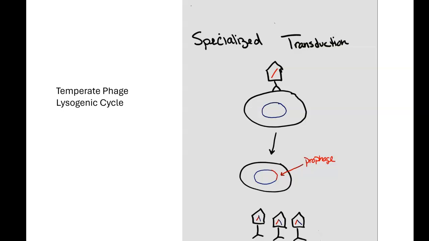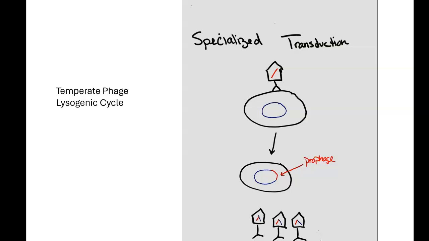That bacteriophage DNA is now going to become incorporated in the bacterial genome, and it's going to exist as a prophage. This bacteria has no idea that that DNA has been incorporated. It's going to go about its business, and we're going to go through many, many generations until something happens in the environment and then it crosses over to the lytic cycle.